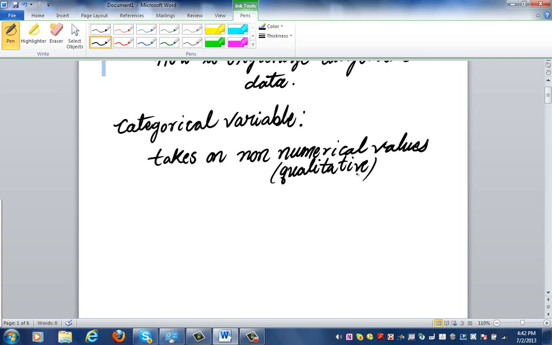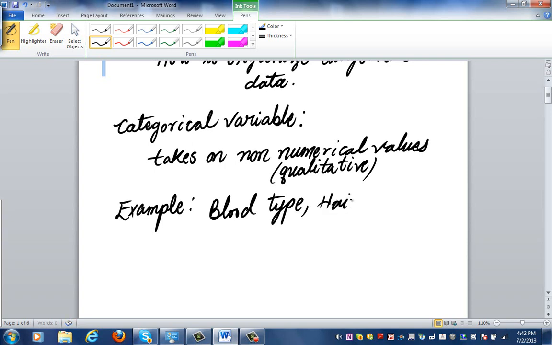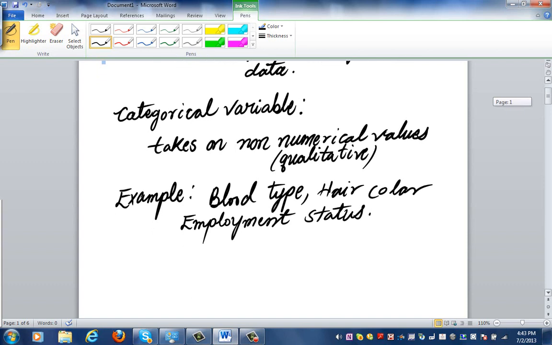Examples would be blood type, hair color, or let's say employment status, and you can think of many other examples.